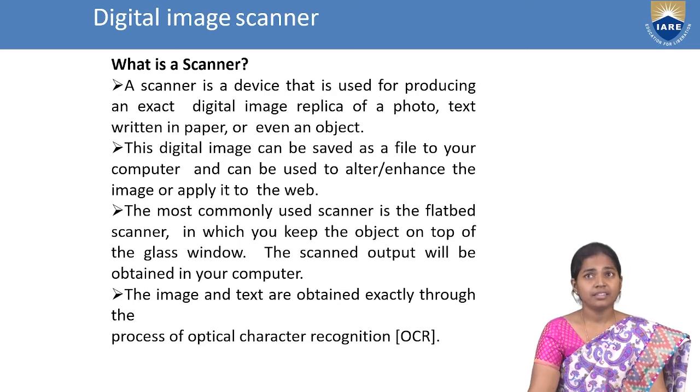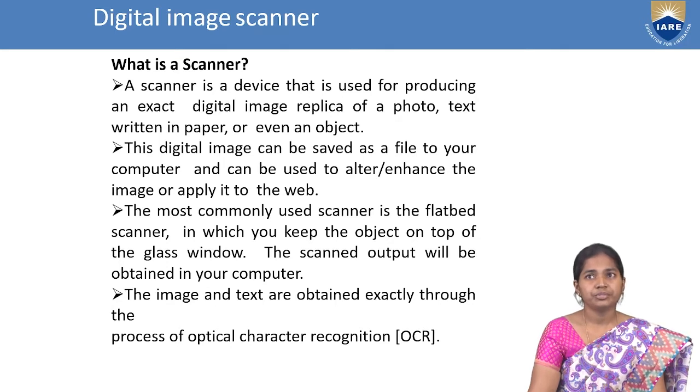A scanner is a device used for producing an exact digital image replica of a photo, text, something written on paper, or even an object. This digital image can be saved as a file on your computer and can be used to alter or enhance the image for the web.